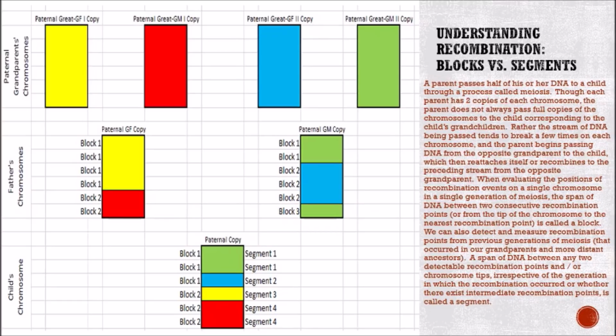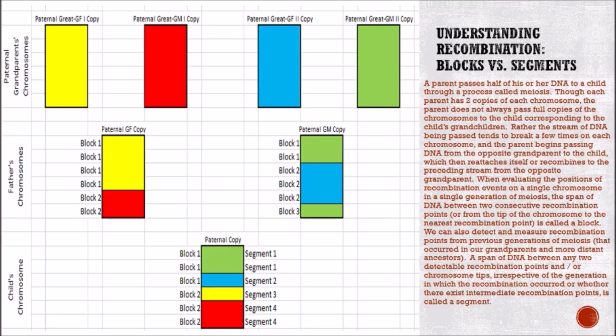And there are a total of 4 streams of DNA, both at the first generation and at the second generation. In the child's generation, we're going to see a recombination of all 4 colors, because dad is going to pass down some of his red and yellow, and he's going to pass down some of his blue and green.